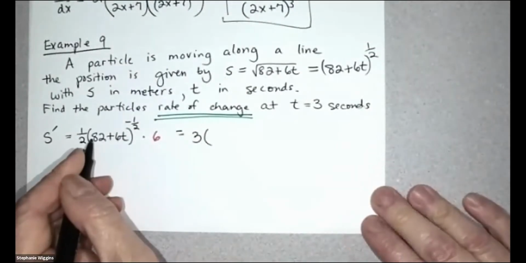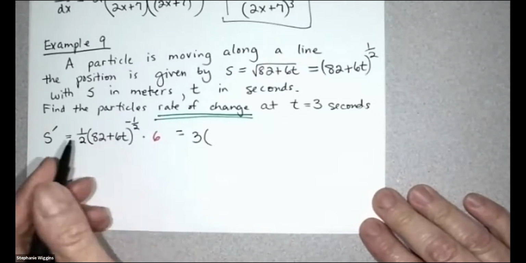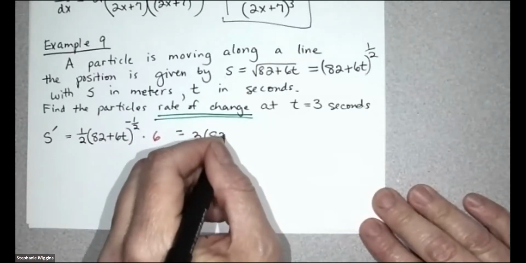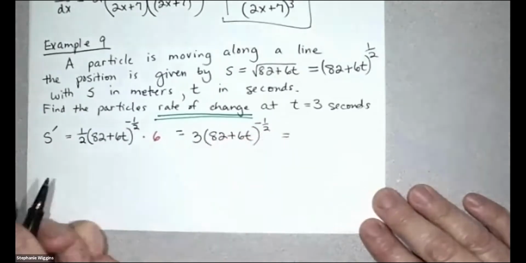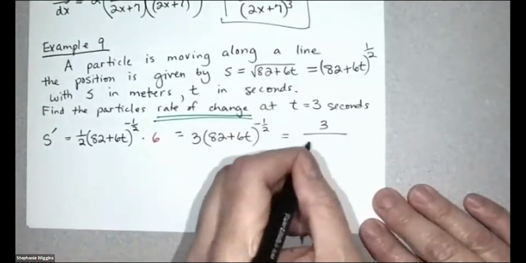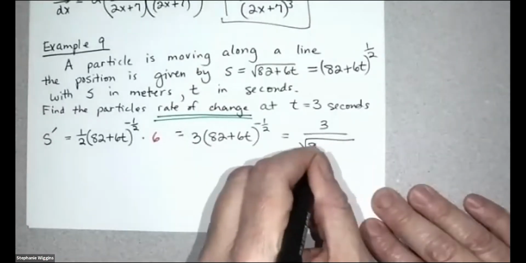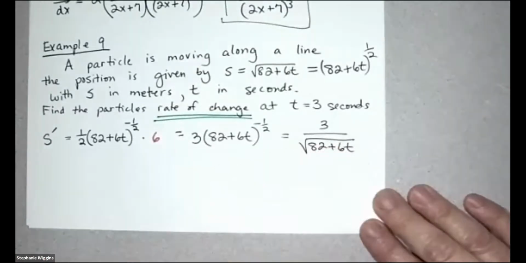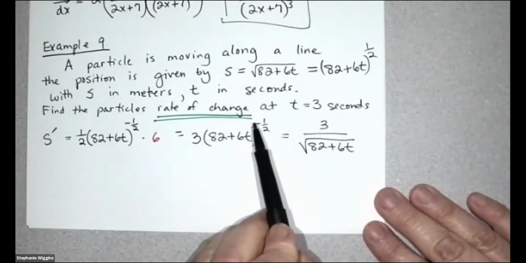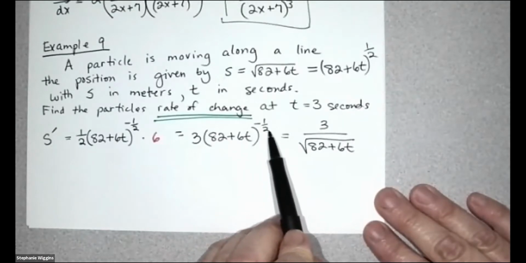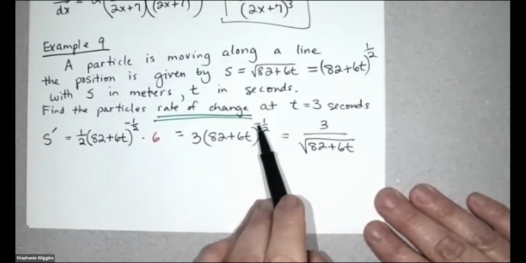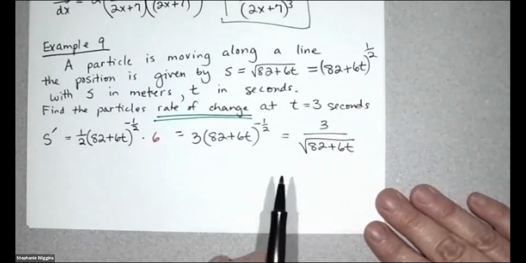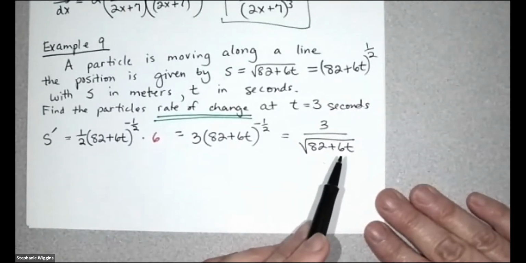And then (82 plus 6t) to the negative 1/2, I can write this as 3 over the square root of 82 plus 6t. So the square root comes from the 1/2 there, and the negative just means it's placed in the denominator, right? The fact that this is in the denominator comes from that negative right there. So this is my final function for my derivative.